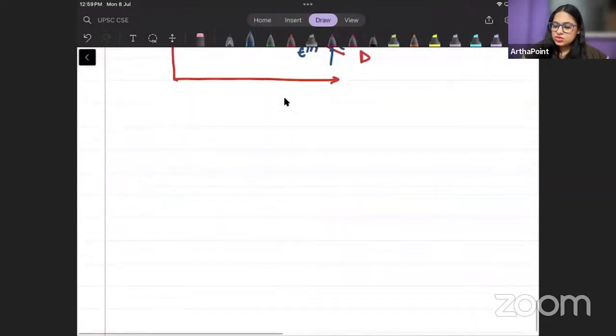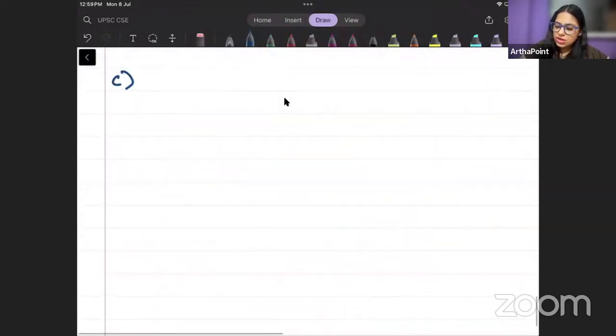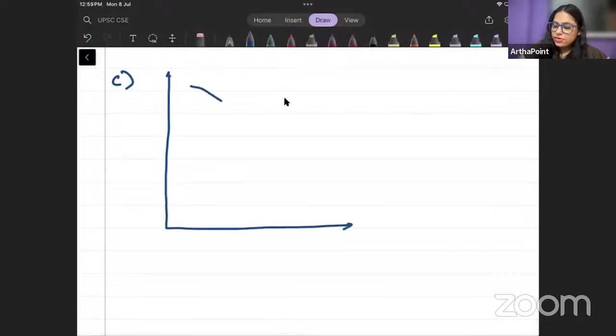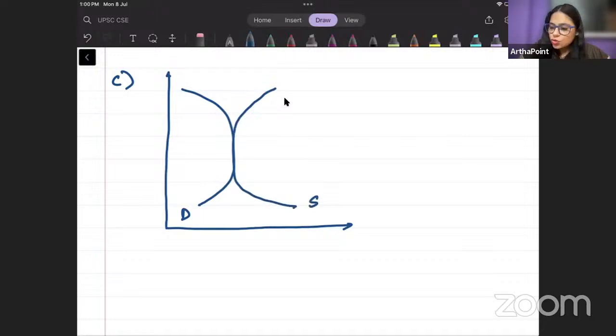There are two more cases. So see, suppose you have a unique quantity, but multiple prices like this. Supply curve. So when demand and supply meet, they are meeting at a unique quantity, but there are multiple prices associated with them, right?